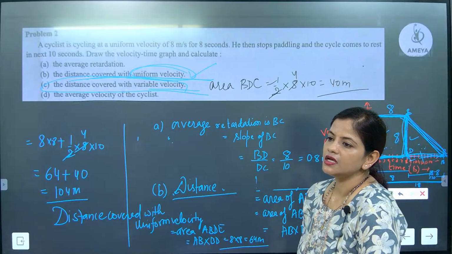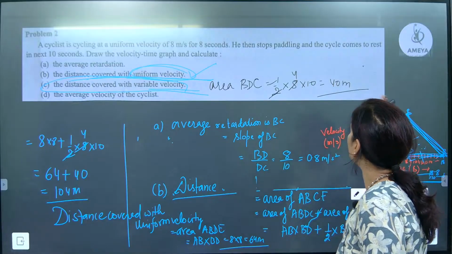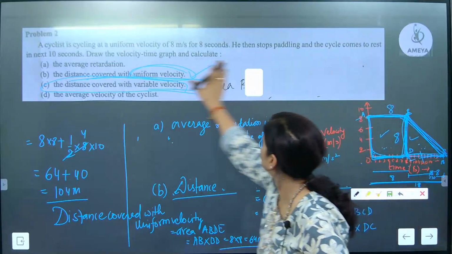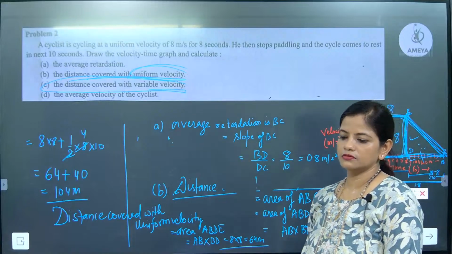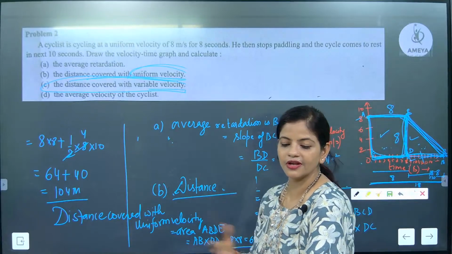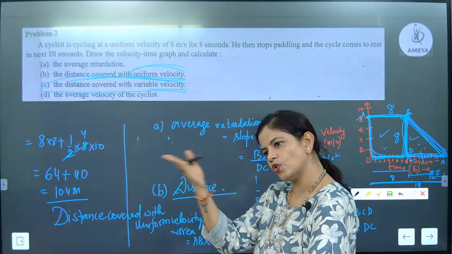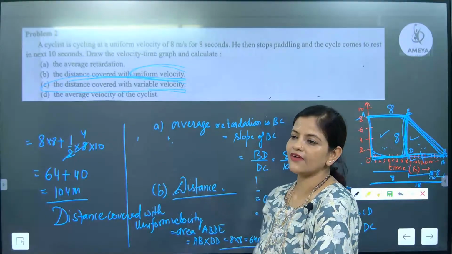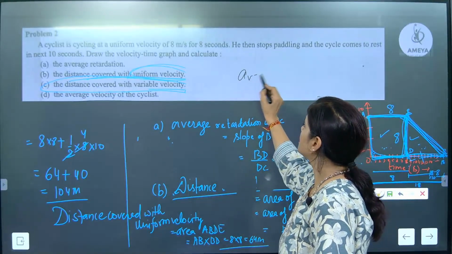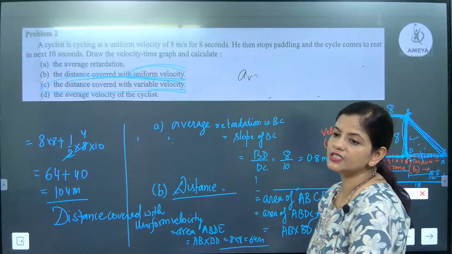Come on, last part. Can anybody tell me the average velocity formula? Here we are not returning back, we are just going in one direction. So average velocity is total distance by total time.